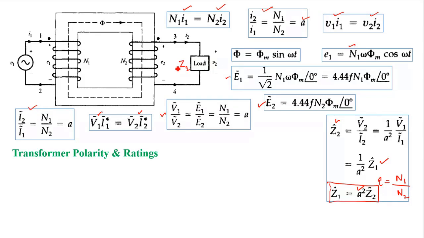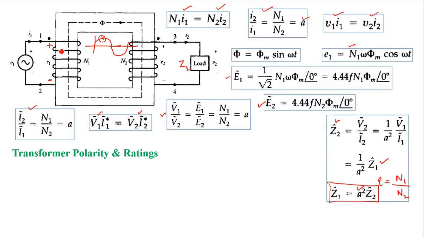Okay. Now the polarity means we'll mark the polarity in these two windings based on the polarity of the induced EMF in these two windings. So suppose this is your waveform of E1, and at a particular instant of E1, let us say this part is positive and this is negative, with respect to the other side it is giving a positive value.